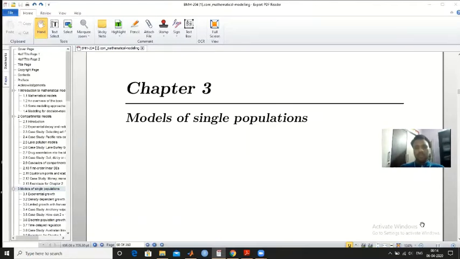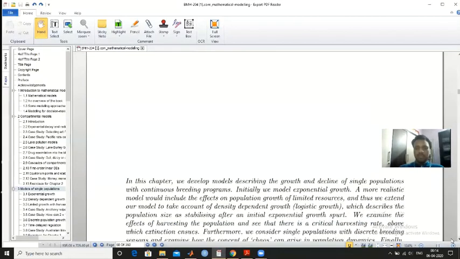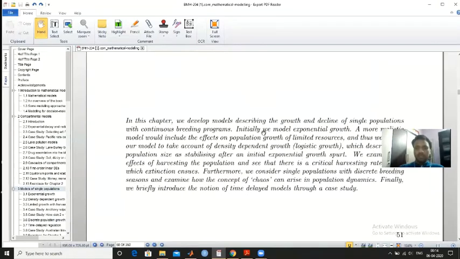Simply, this is the population model, and we already have some idea about this type of models. There is only a single type of population which we have to discuss. In particular, we will discuss a model which shows exponential growth.